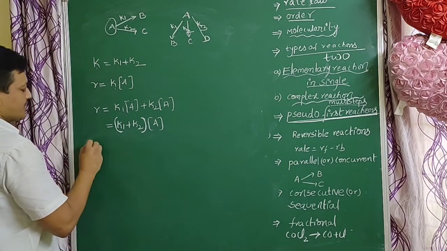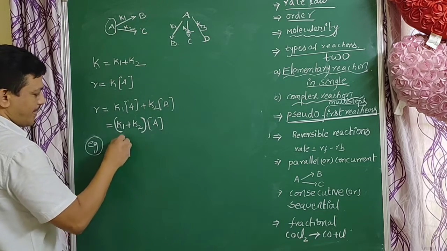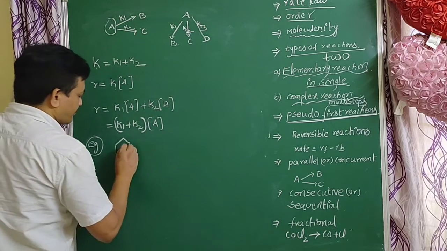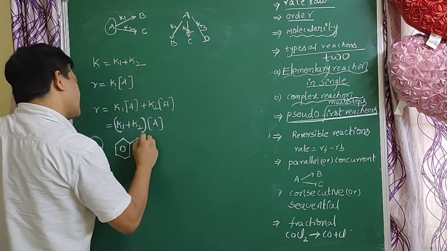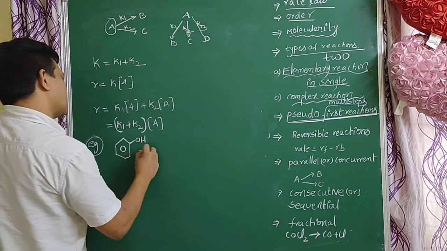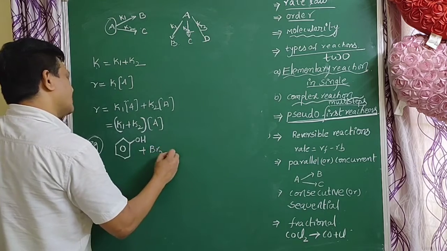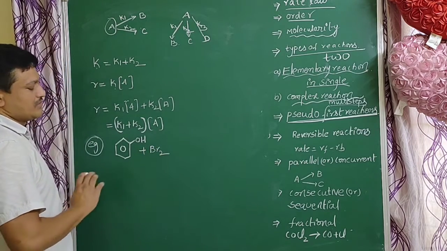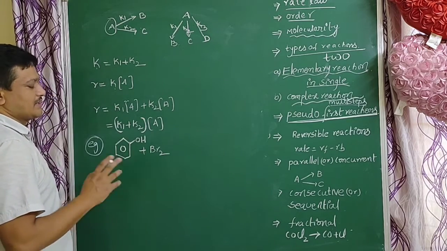Next, for example, in this type of reaction, take phenol or nitrobenzene, whatever it may be, where the group is there, for nitration or bromination. Here, bromination of benzene derivatives, substitution reactions like halogenation, nitration, sulfonation, alkylation, acylation.